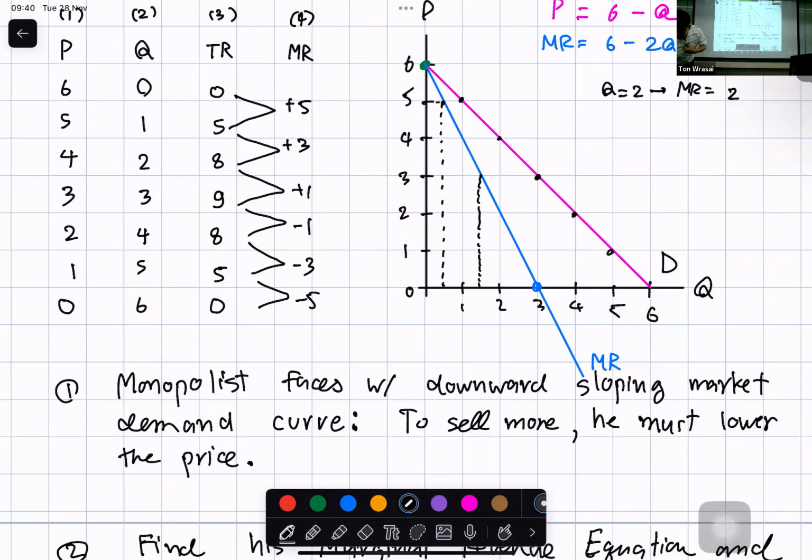If someone asks you, can you find me MR when Q equal to 2? If you plug this number into the function, you got the answer 2, but you don't see it here.